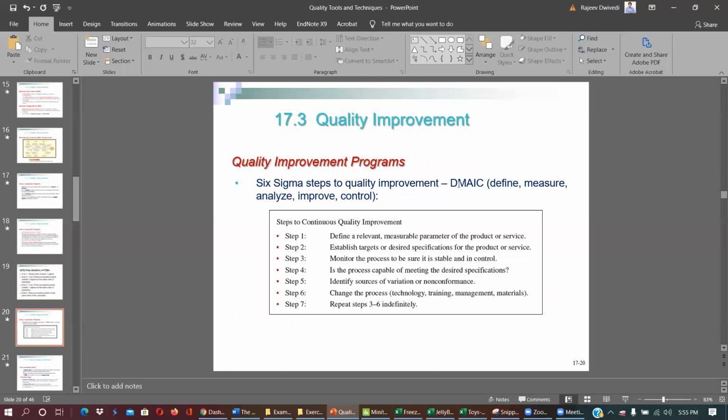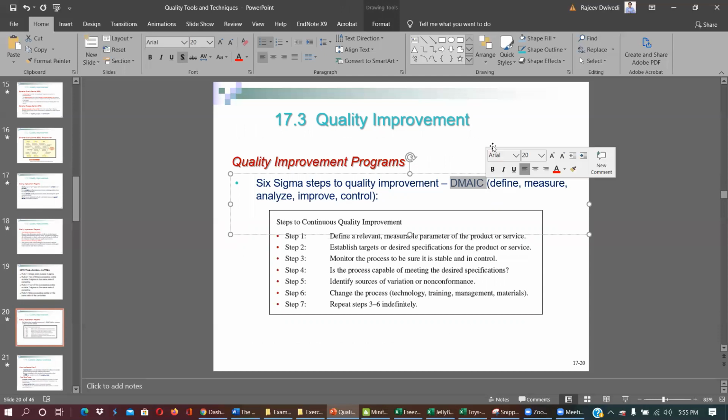Quality. So basically, 6 sigma is based on DMAIC. Those who are really interested to pursue quality, because if you have a quality 6 sigma black belt, you can write your own check.